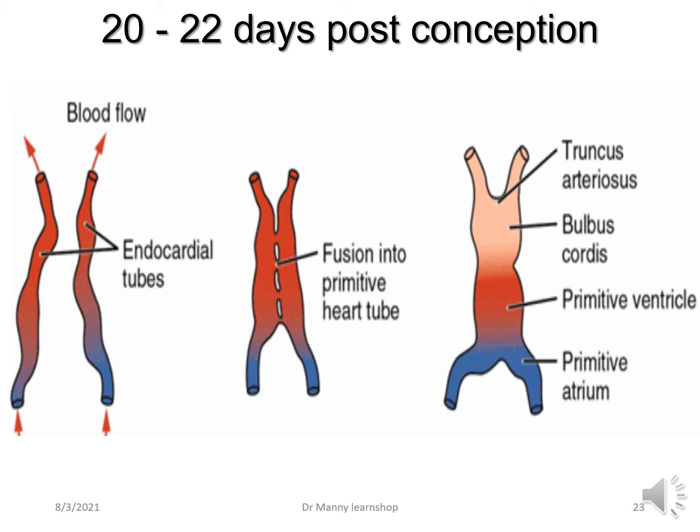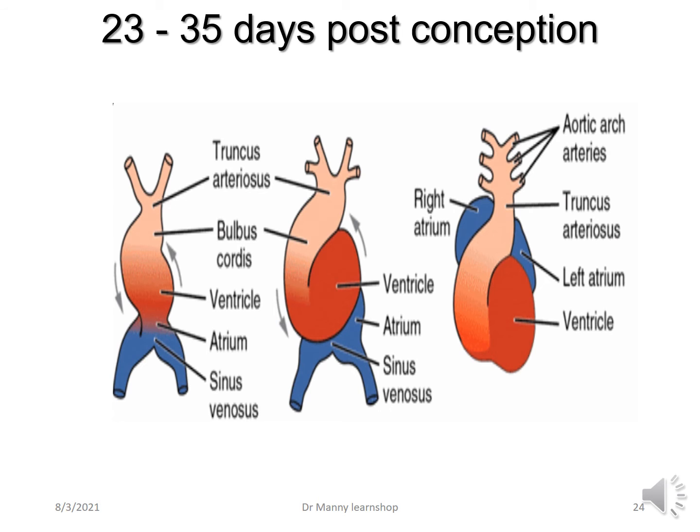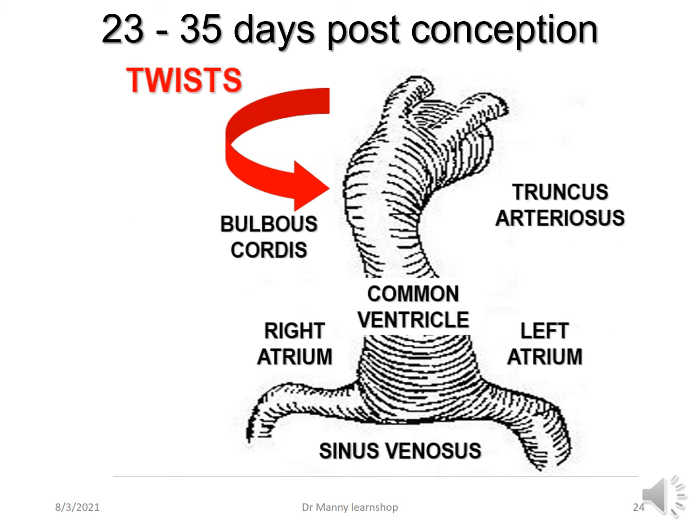Approximately 20 to 22 days post-conception, this is what you're looking at. Here you've got endocardial tubes developing, there's fusion of the primitive heart tube, and you start developing the truncus arteriosus, bulbus cordis, the primitive ventricle, and the primitive atrium. Approximately day 23 to day 35, already the heart is starting to look externally like what the heart should look like.